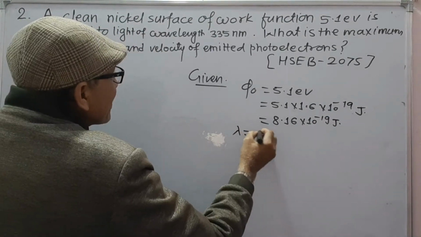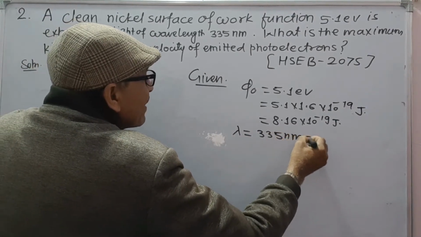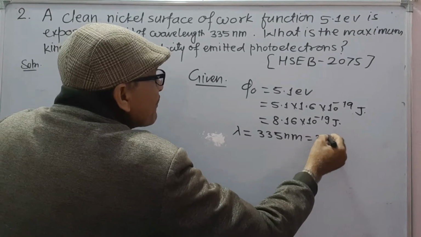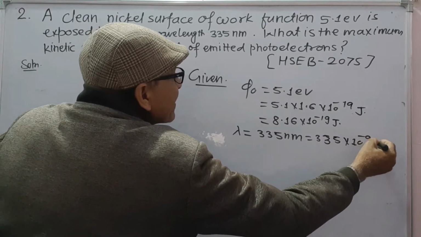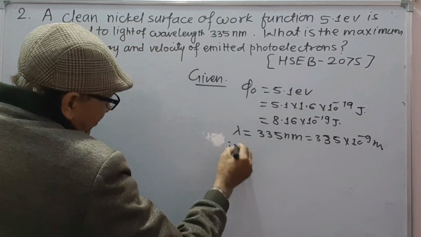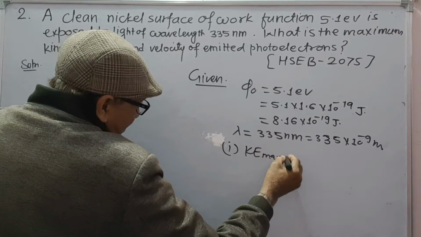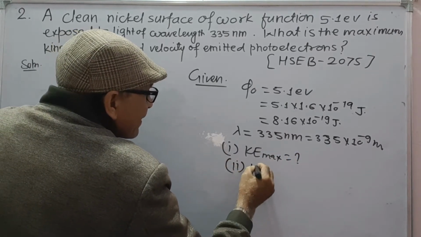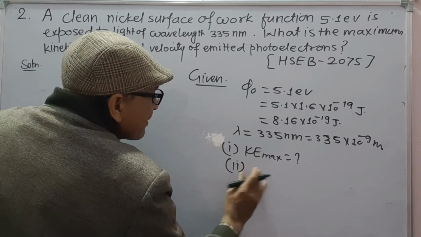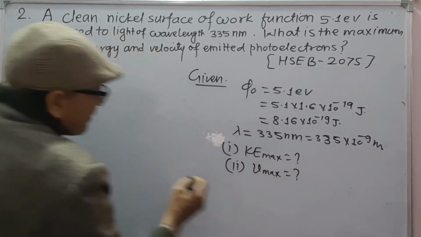Wavelength of incident photon is 335 nm, 335 into 10 to minus 9 meter. First we have to find K max of photoelectron, and second v max, maximum velocity of emitted photoelectron.